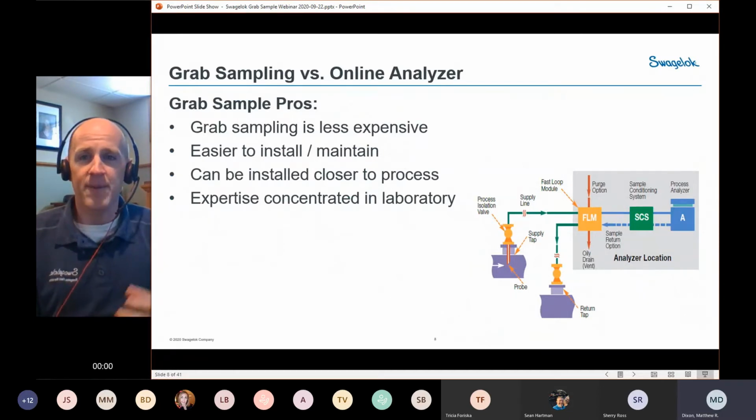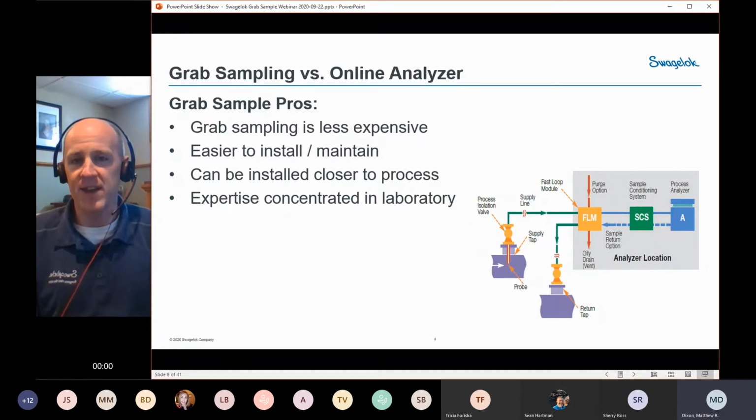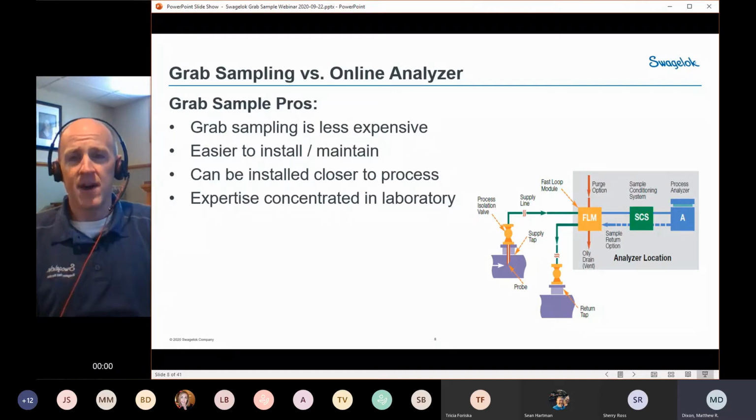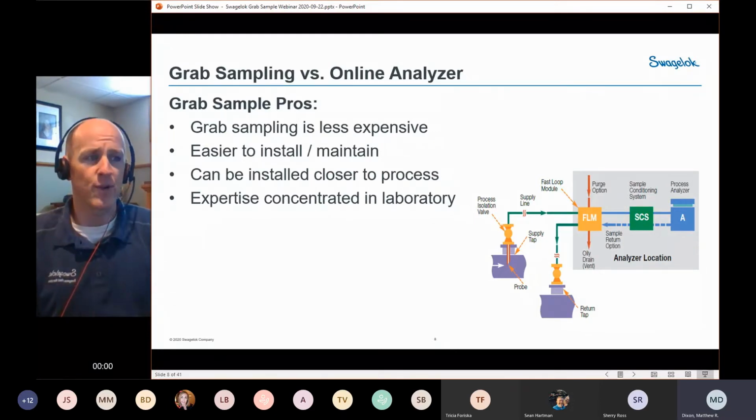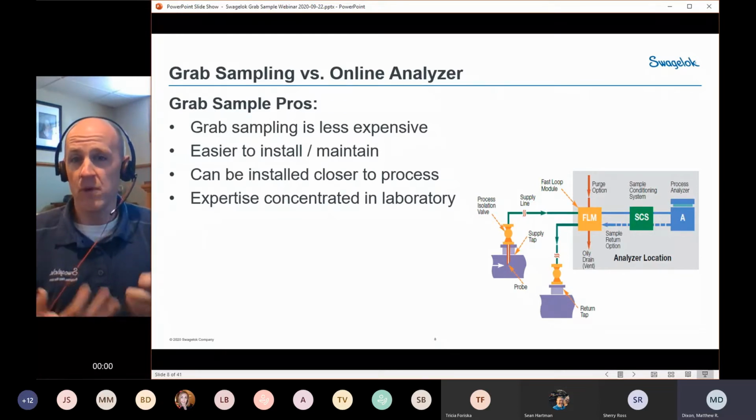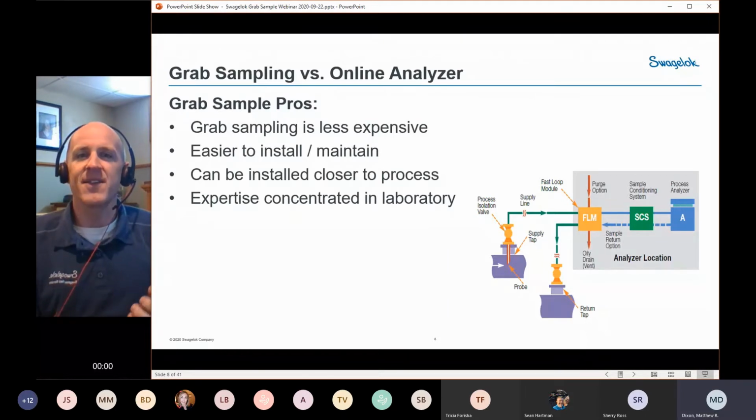A grab sample panel itself is relatively inexpensive compared to the analyzer and the sample conditioning system of that analyzer. So there are a lot of advantages from an initial capital investment perspective. It's also easier to install. One of the main reasons is that it's smaller and can be put a lot closer to the process itself. If you think about an online analyzer, typically that's not something that you can install right next to the process.